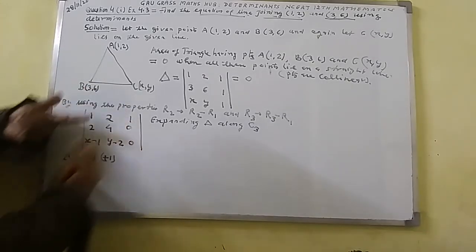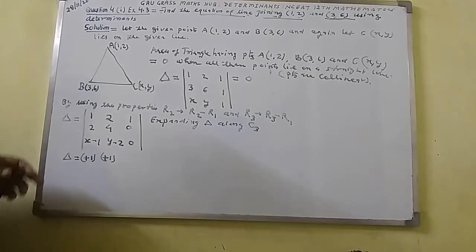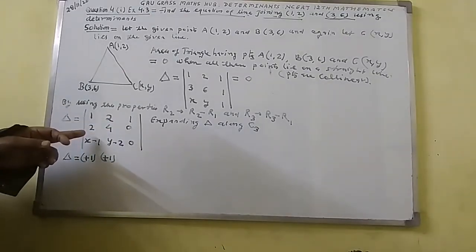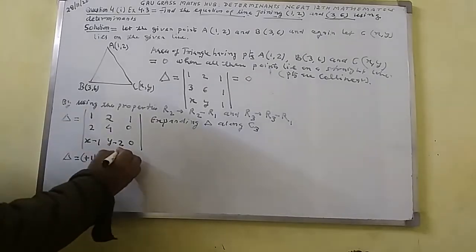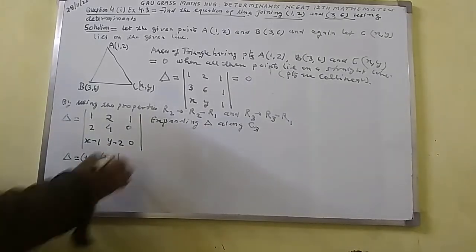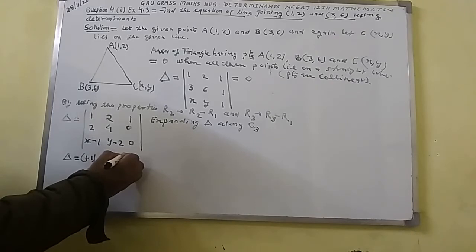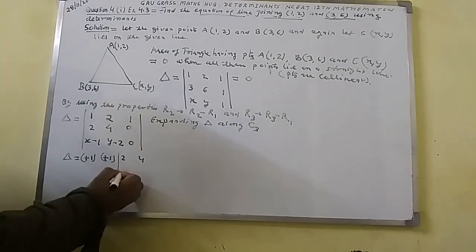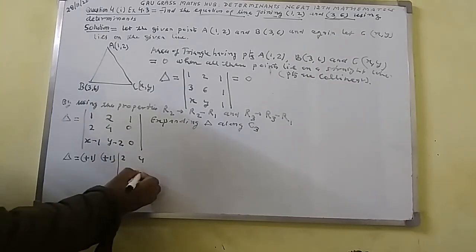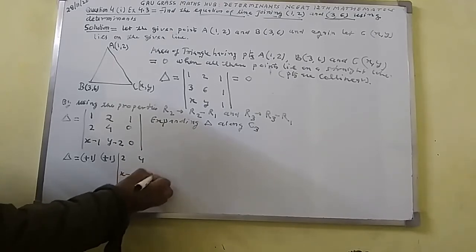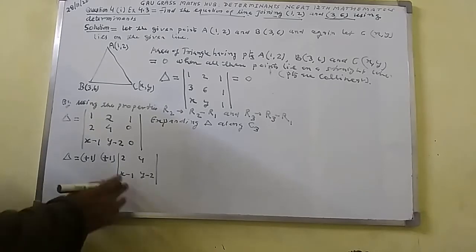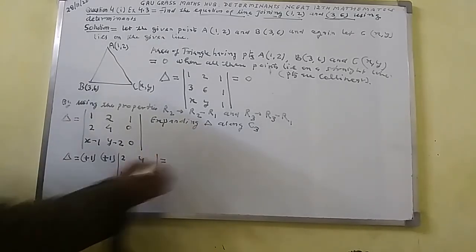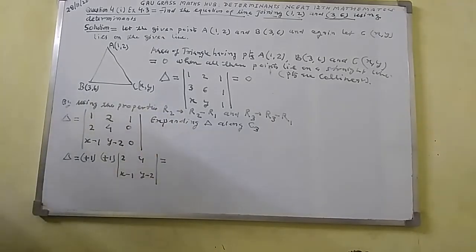So you will easily get the minor of 1 as 2, 4, x minus 1, y minus 2. So here I shall write minor of plus 1, 2, 4, x minus 1, y minus 2. Now here plus 1 will multiply together. You will get here only 1.